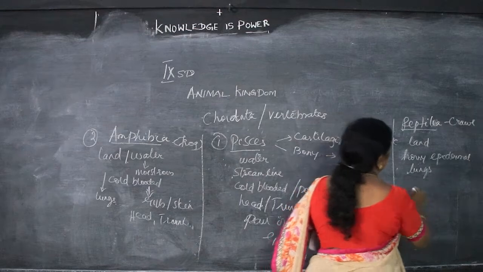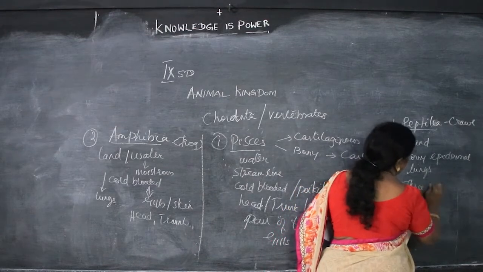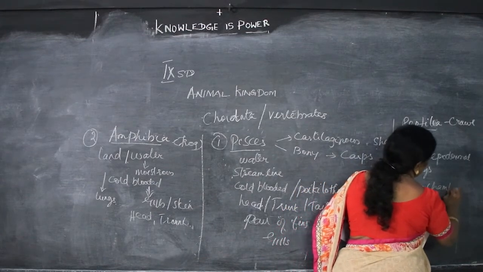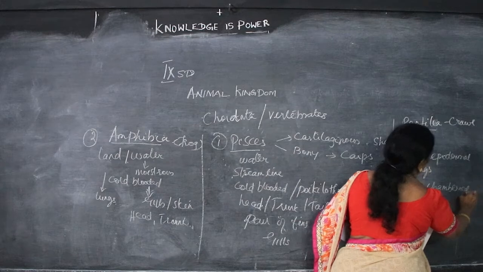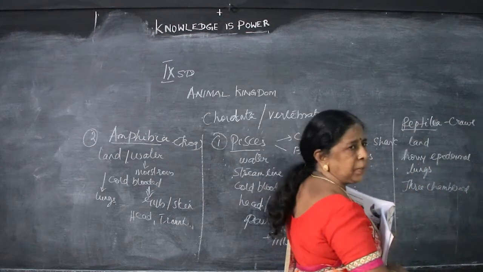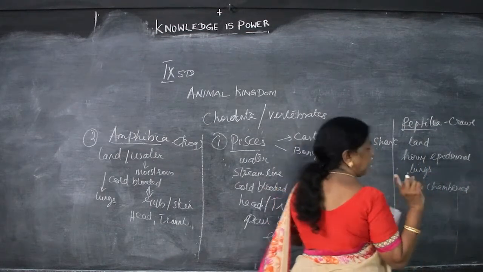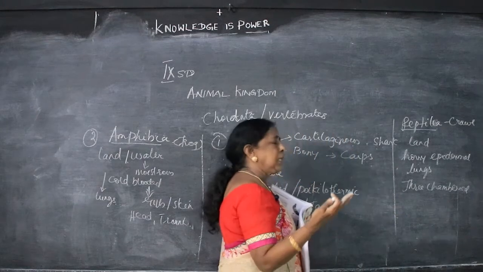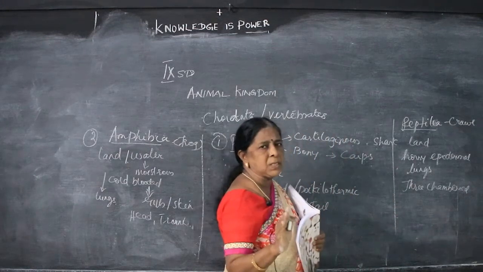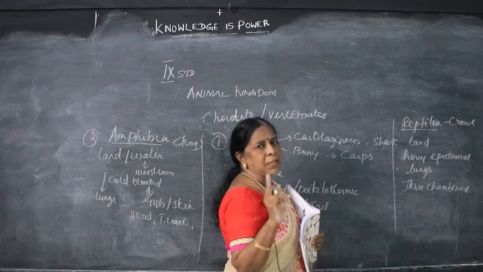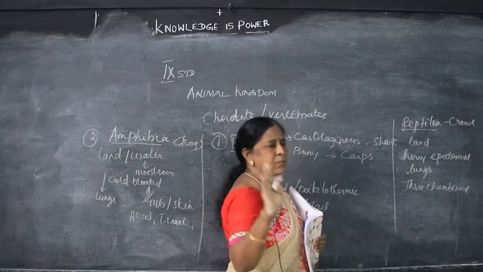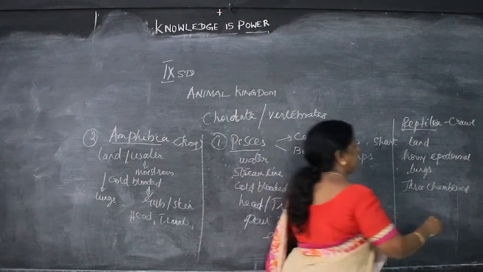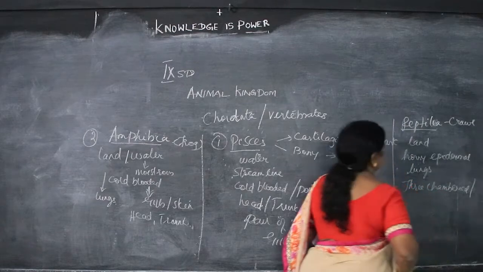Mostly the heart is three-chambered. Here the heart is developed into three chambers, except for one exception. For the others, it is only two chambers. Exception means விதிவிலக்கு. All reptiles have only three chambers. Only the crocodile, like human beings and mammals, has four chambers. So the example of the exception is the crocodile.